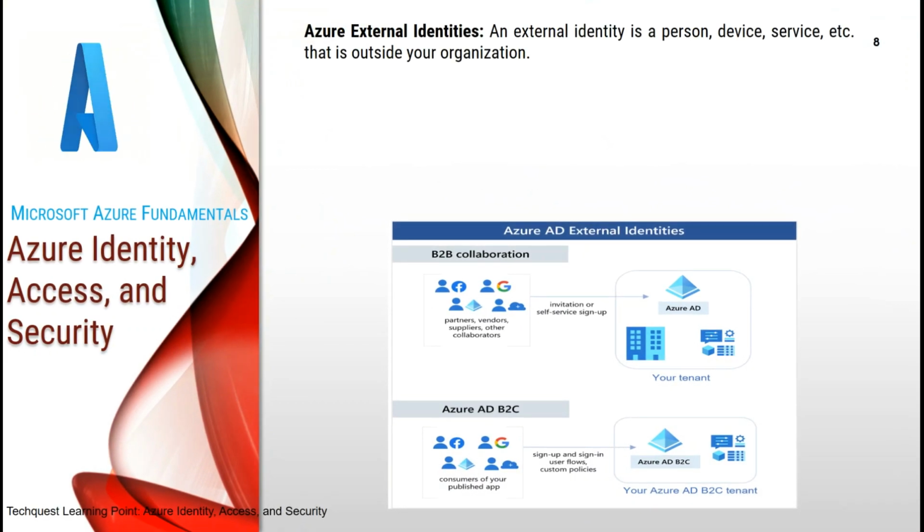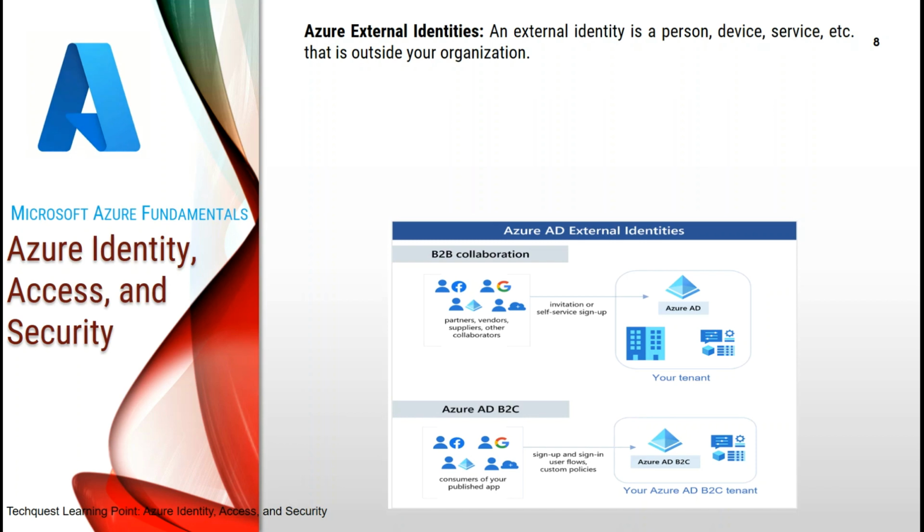Azure External Identities. An external identity is a person, device, service, etc. that is outside your organization. Azure AD External Identities refers to all the ways you can securely interact with users outside of your organization.